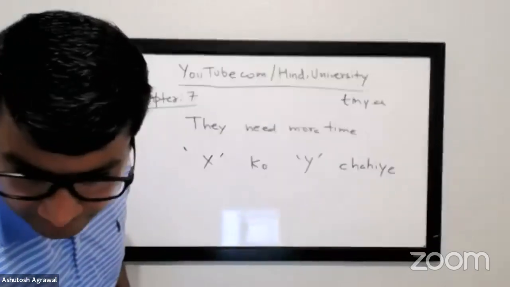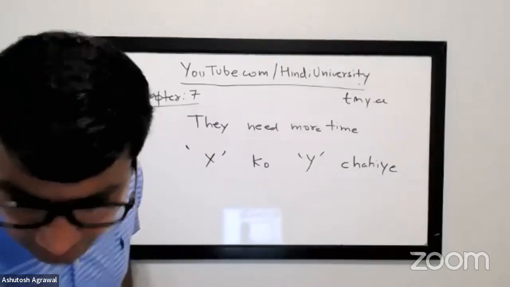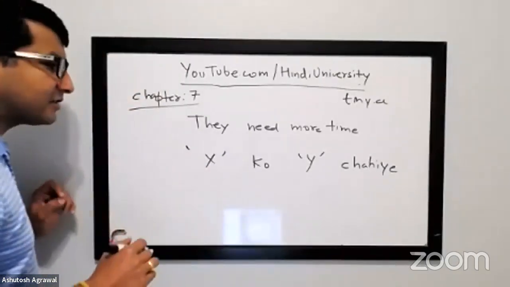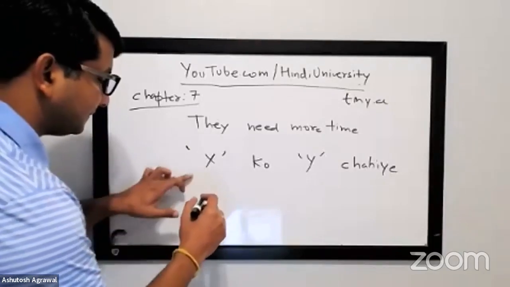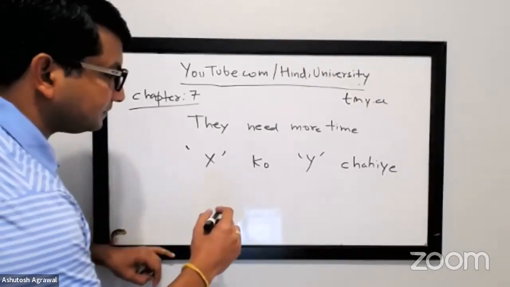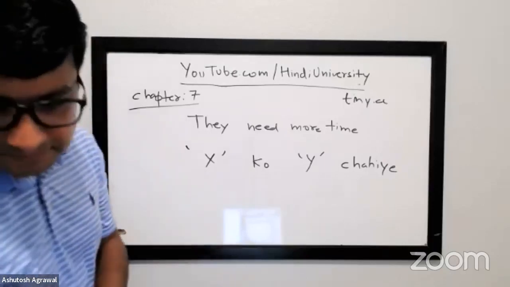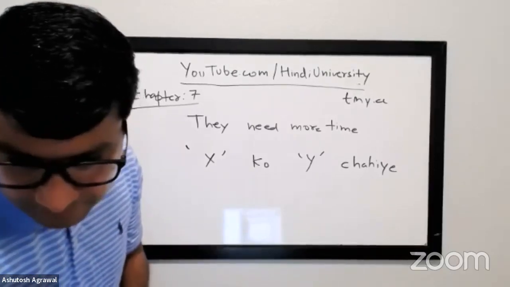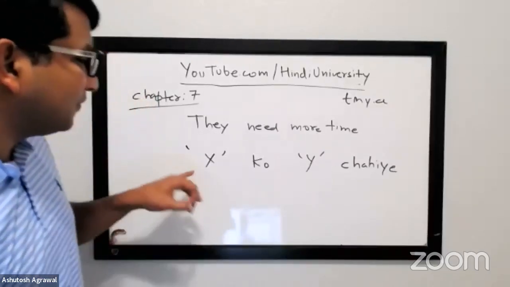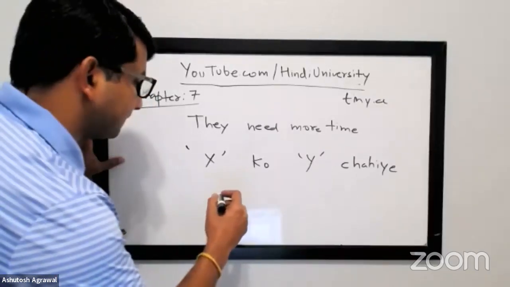Okay, Anders, you want to do it? X को Y चाहिए, they need more time. Can you hear me? I can hear you. Go for it. So they need more time.